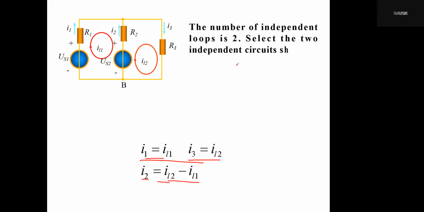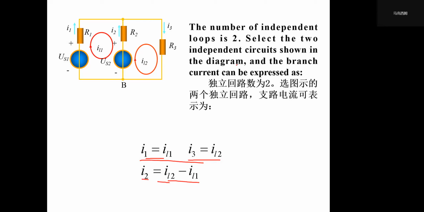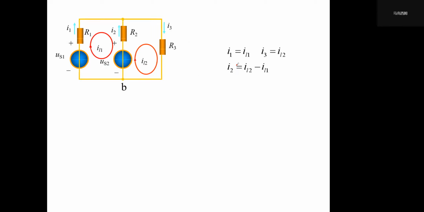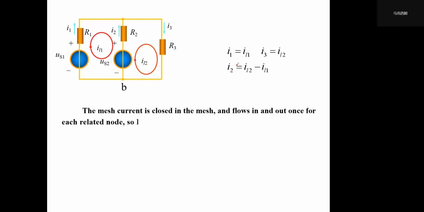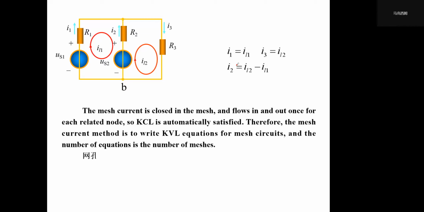And we also know that the number of independent loops is 2. So we can select two independent circuits to express the constraints between the voltage and the currents in each loop. Since the mesh current is closed in the mesh and flows in and out once for each related node, the KCL is automatically satisfied.